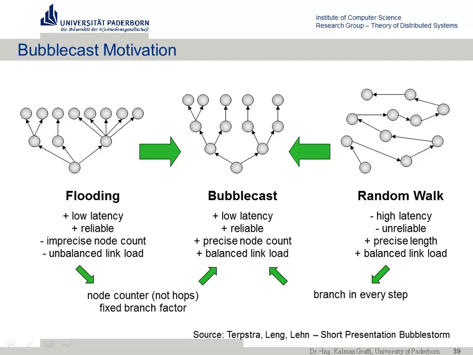So they didn't send it to all neighbors, but only to a limited number. And from random walk, they took the idea. In this picture it's not well visible, but if you had a multiple random walk where in every step you split up the message in two, or send it to 2 or 3 neighbors, then you have a limited branch in every step. So all together, it should work out very well. At the end, we will see what performance lags it still has.